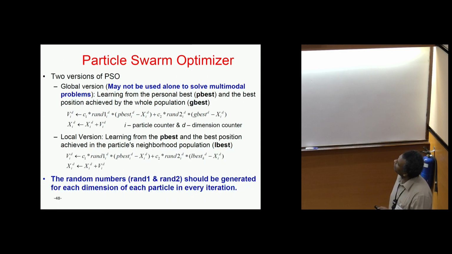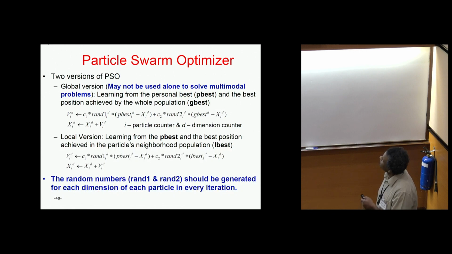So you have the P best solution and the G best solution, and the velocity update equation is something like this. So these are random values. C1, C2 are the two parameters. You have to tune or adjust C1, C2. These are randomly generated from 0 to 1. So basically you are moving the particle towards the global best solution and the personal best solution. Somewhere in between you are driving the particle.